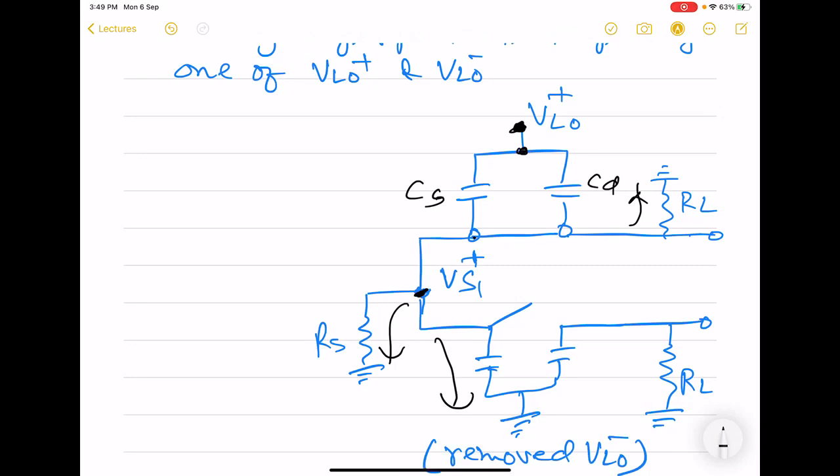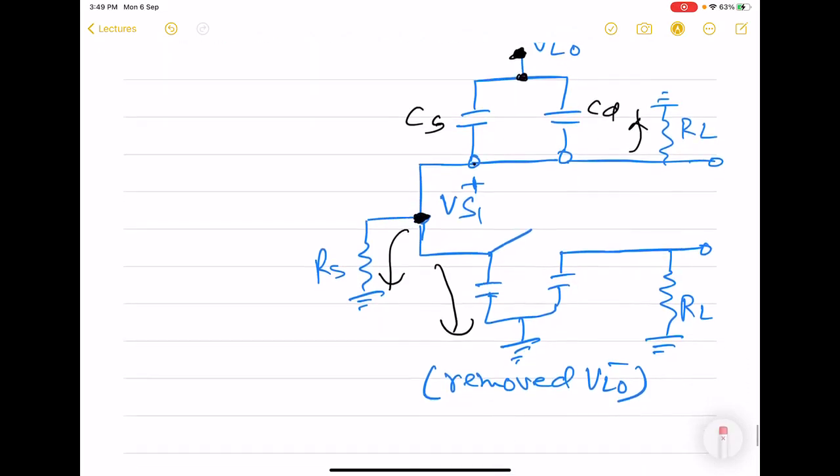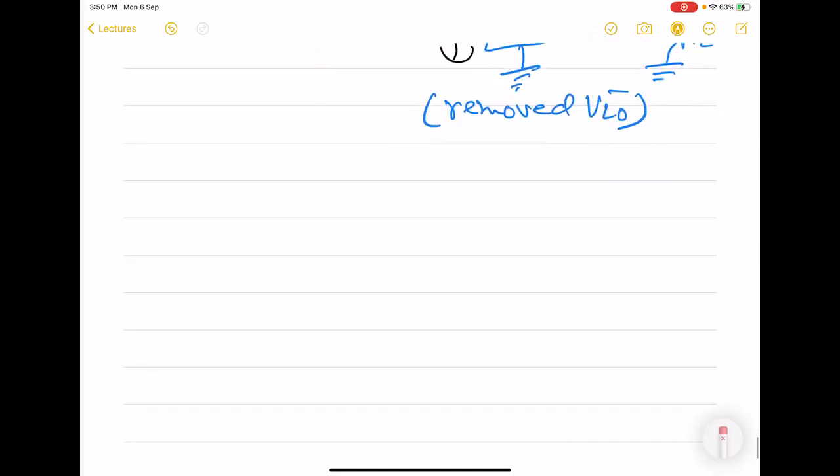So there are three elements in parallel between source node and ground, and between LO and source, two elements, CS and CD.